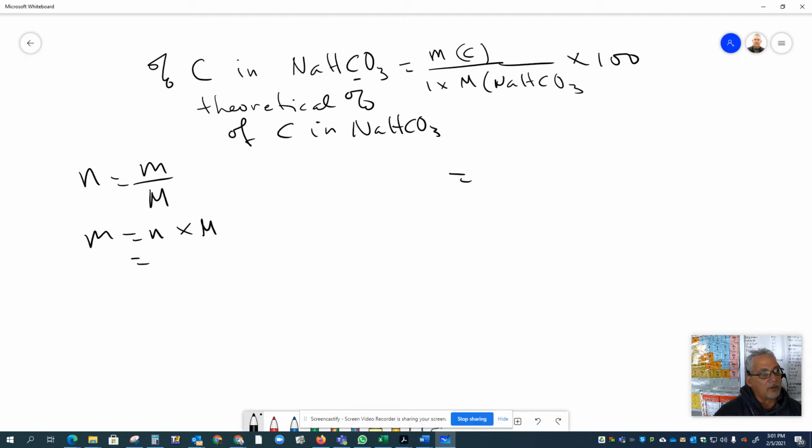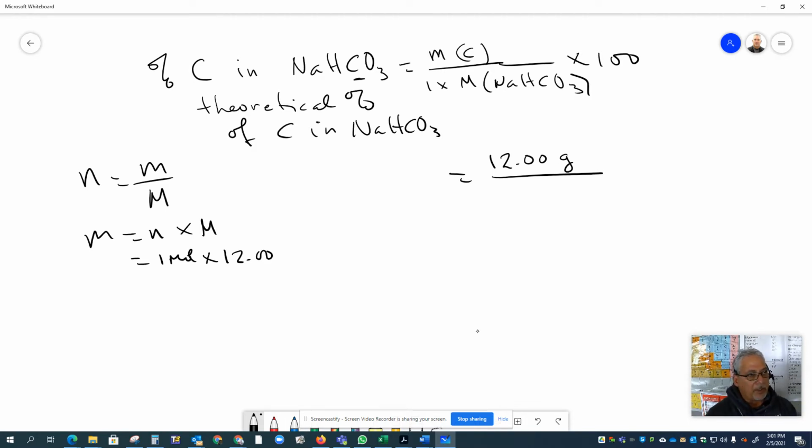You have one atom of carbon, so you have one mole only. And the atomic mass of carbon, I just memorized the value, is 12.00. So that will be the one that you place here on the top: 12.00 grams, and that will be your mass of carbon.